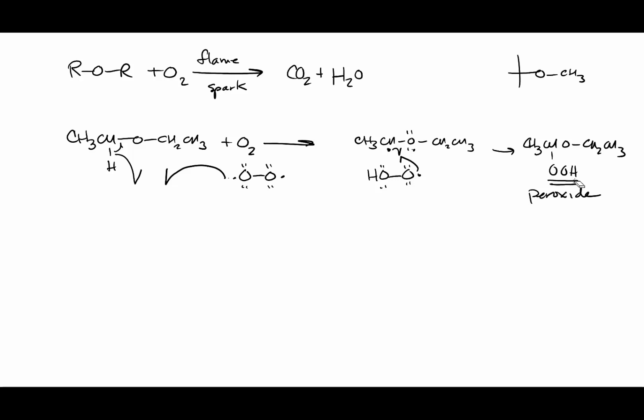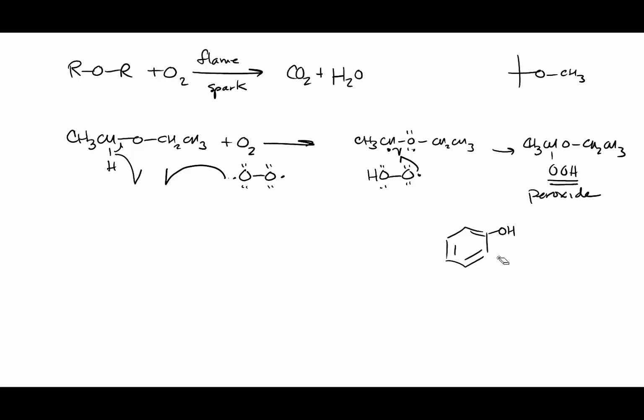And the antioxidant that's normally added is the same kind of antioxidant that would be in food, which is typically a phenol. A phenol is a benzene ring attached directly to the OH.